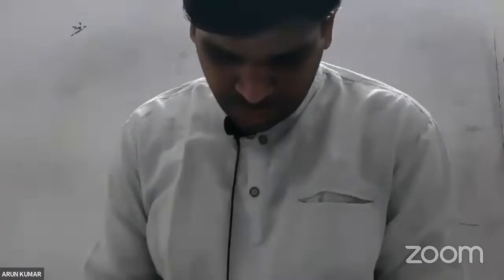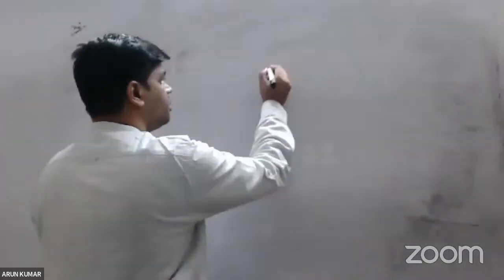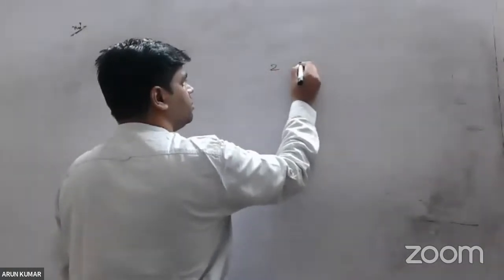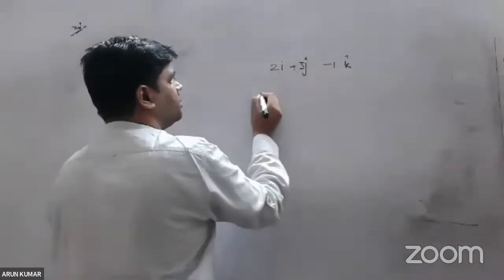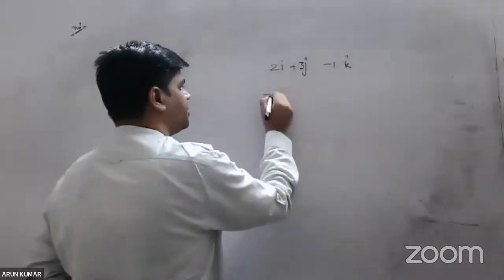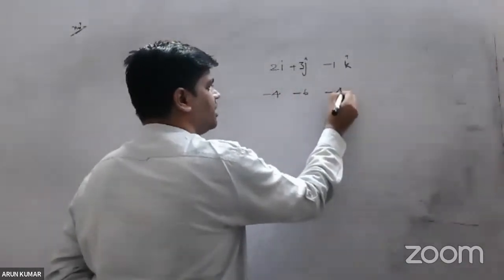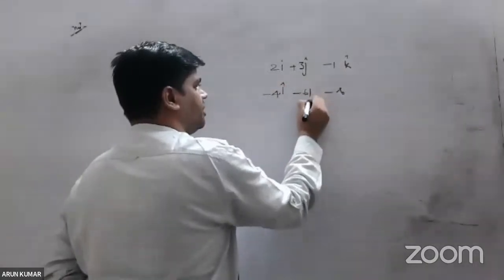Okay. So let's say I've got two vectors. One vector is 2i cap, 3, minus 1. The other vector is 4, 6, minus lambda naught.